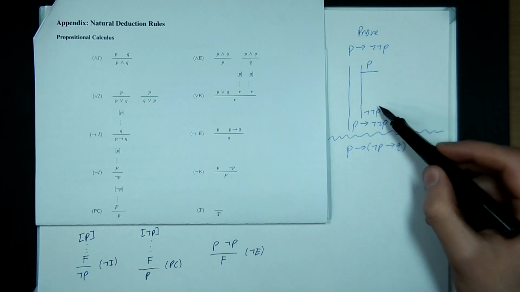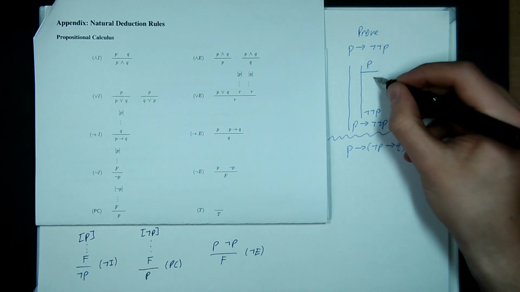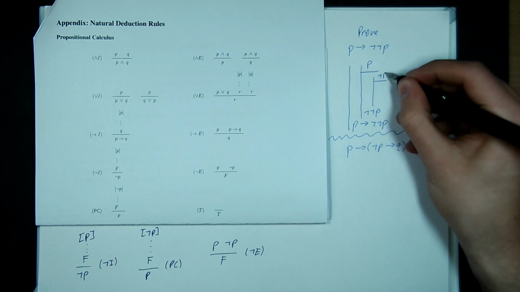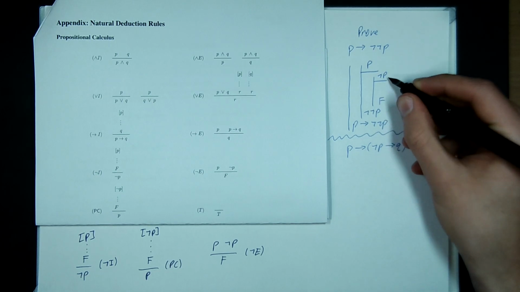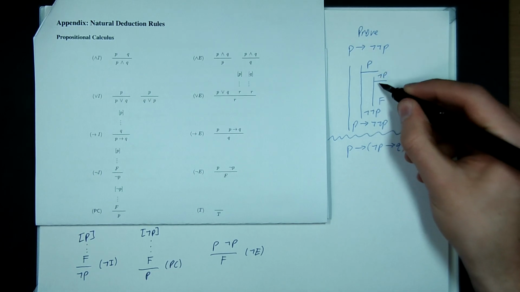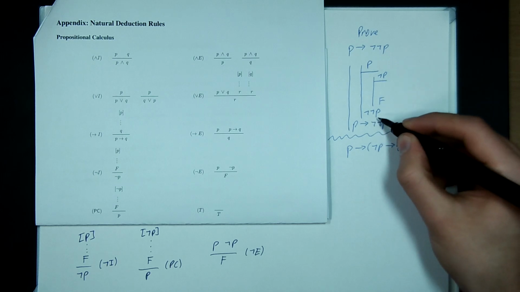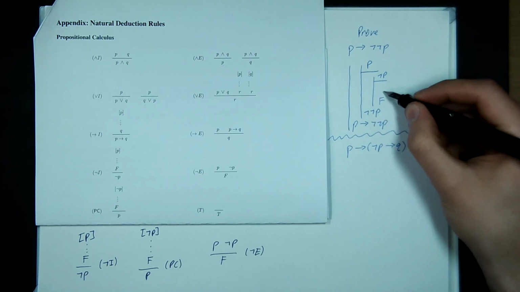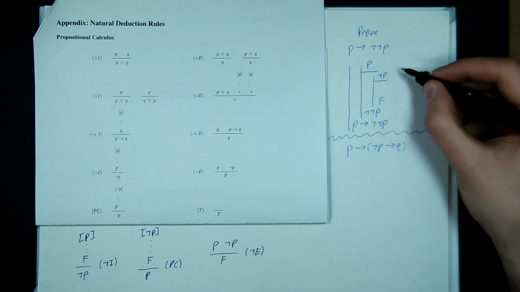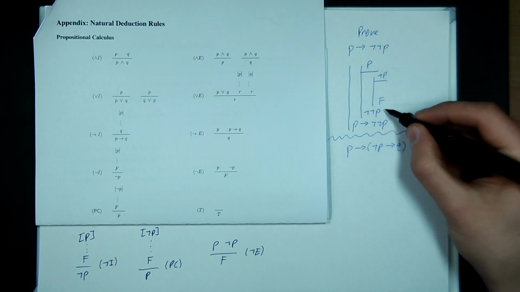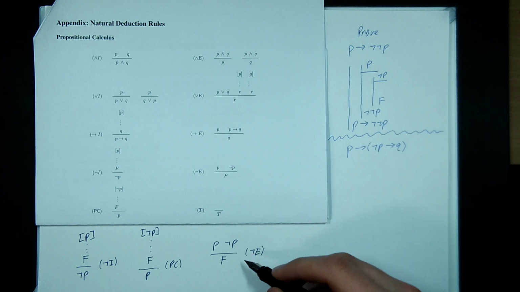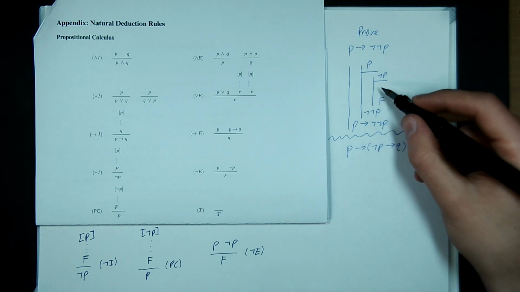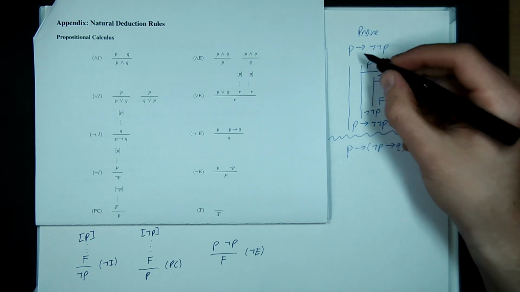So similarly, if I assume not P to be true and somehow obtain false, then the negation of this is true. The negation of not P is not not P. Okay? So how can we fill in the gap? Well, I've got P here and I've got not P here, therefore I can obtain false by negation elimination. Okay? So the gap is filled, the proof is done.